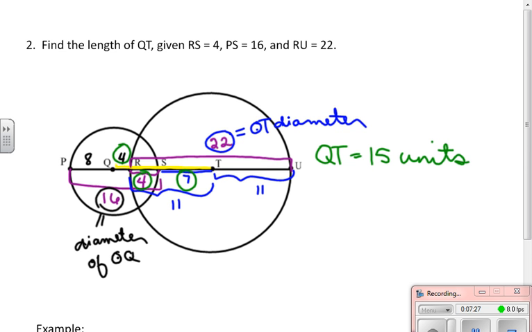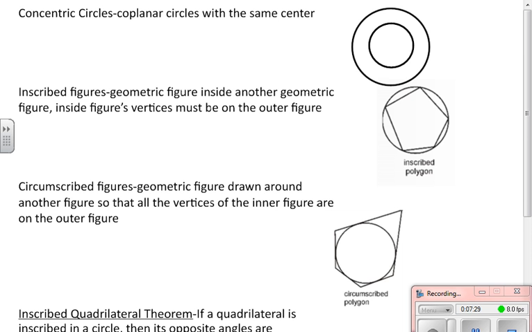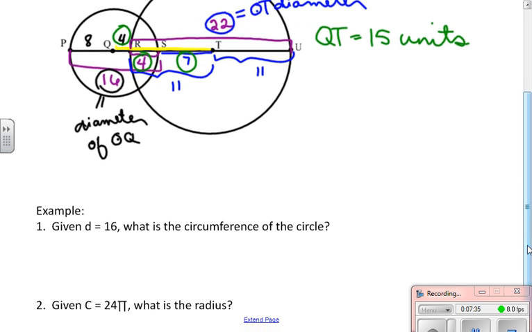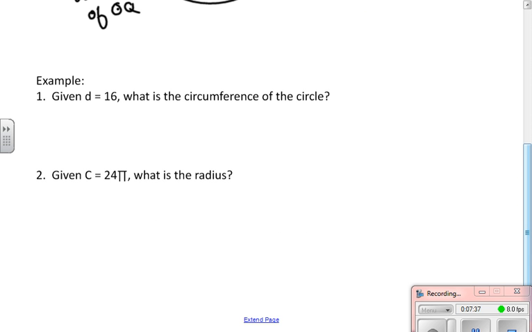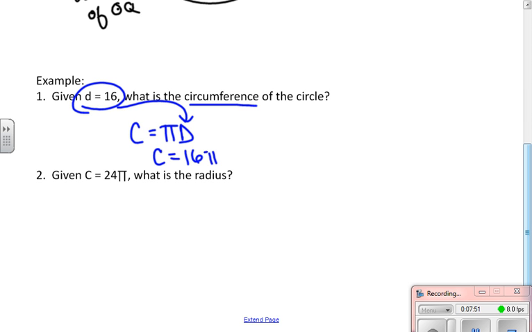The next two examples are going to quickly go through how to find circumference and radius. So circumference, given a diameter, what is the circumference? That is an easy substitution. Circumference equals pi times diameter. So the circumference is 16 pi units.